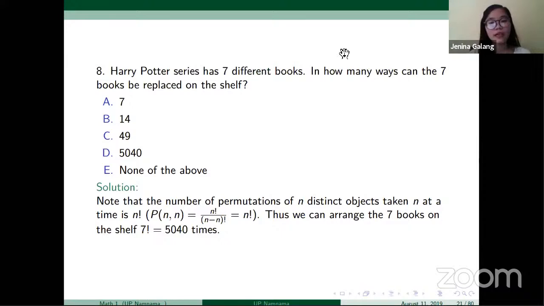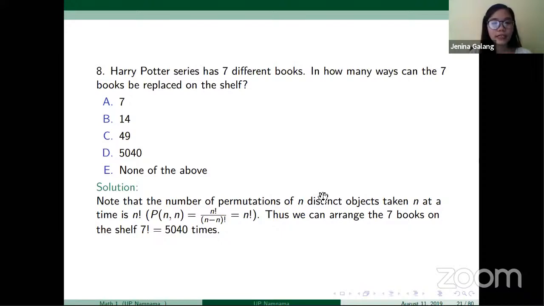And since 7 books din yung kukunin natin dito sa problem natin, from 7 books we have this. So we will have n factorial over n minus n factorial. So n minus n factorial is just equal to 0 factorial. So 0 factorial is equal to 1. So note that 0 factorial is equal to 1. Also, 1 factorial is equal to 1.